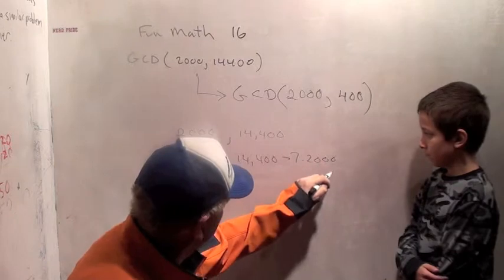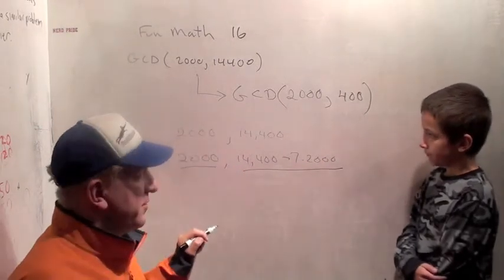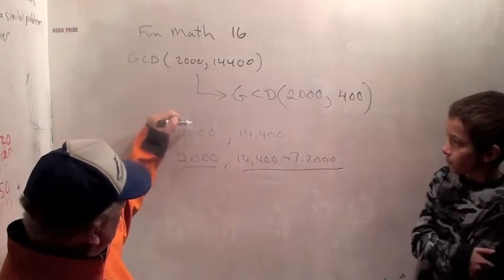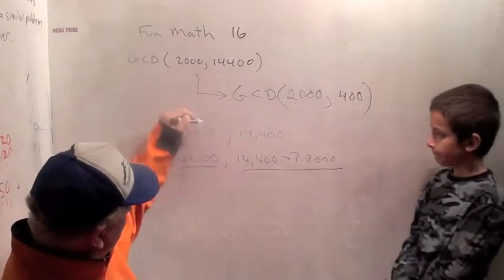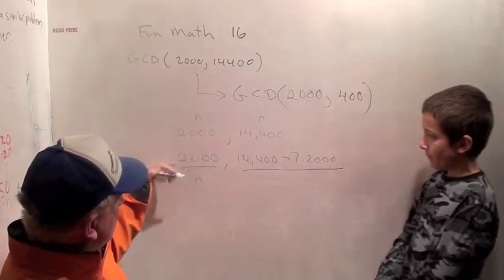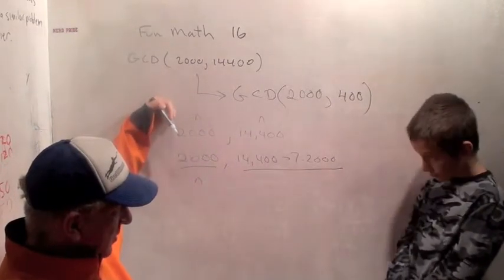And this is the whole critical step. Let's call the number n. n divides into 2,000 and 14,400. We know n divides into 2,000 because we already assumed that.